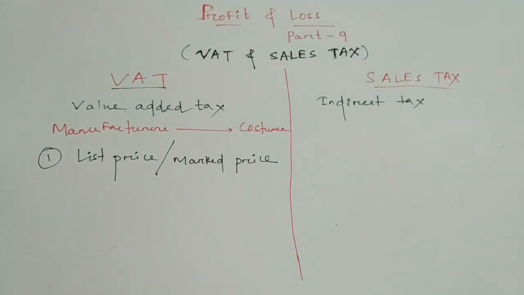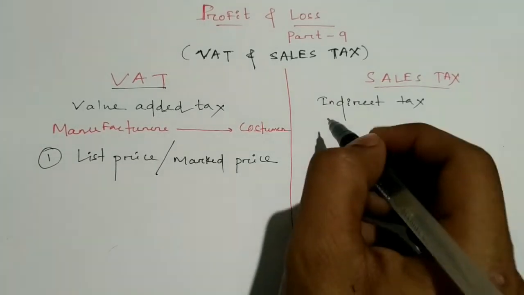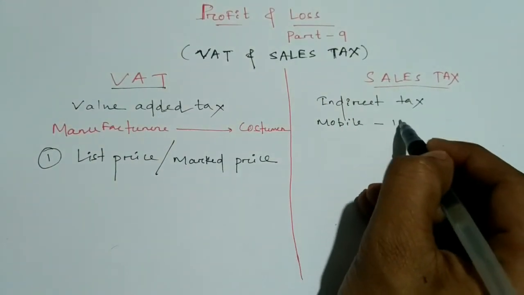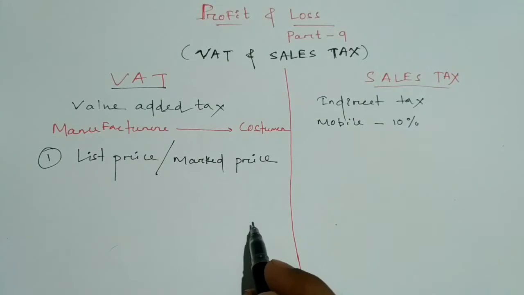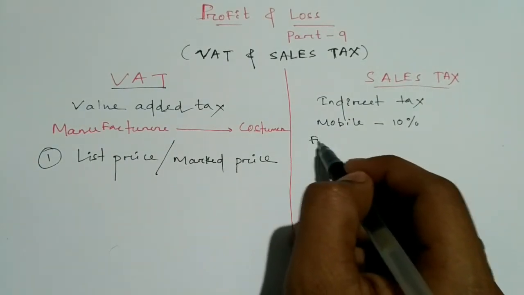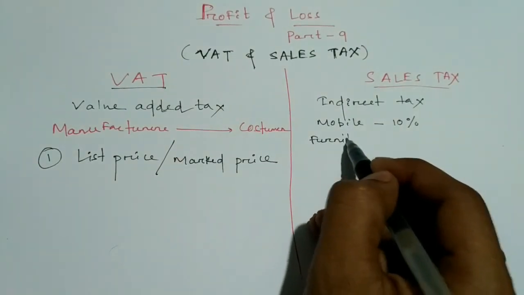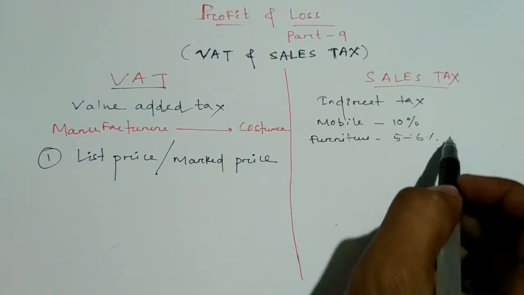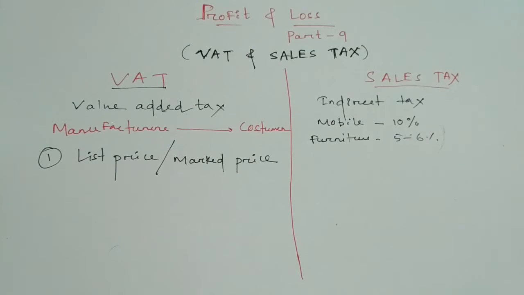Sales taxes are different for different items, and they also vary from state to state. For example, on mobile phones sales tax may be 10%, and on household furniture it may be 5 to 6 percent. This is not the correct figure, but it is a clear idea that you can easily understand.